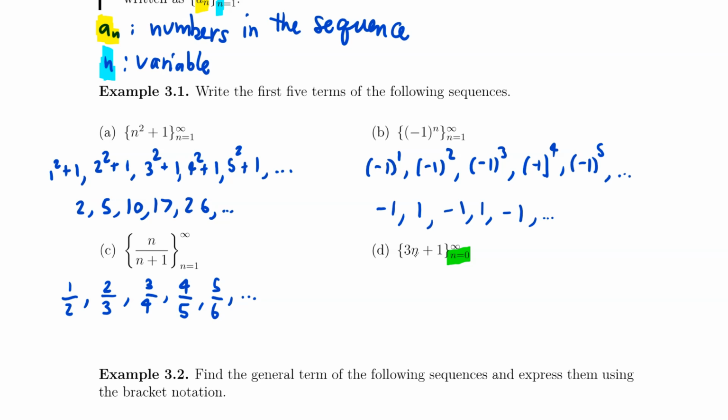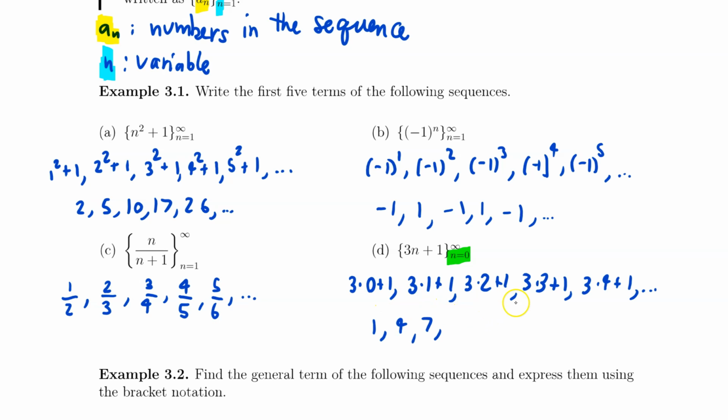So I'm going to have 3 times 0 plus 1, 3 times 1 plus 1, 3 times 2 plus 1, 3 times 3 plus 1, and 3 times 4 plus 1. So here are the first 5 terms of this sequence. This is going to give me 1, 4, and then 7, 10, 13, and so on. And here's how we go from the bracket notation to a list of numbers.